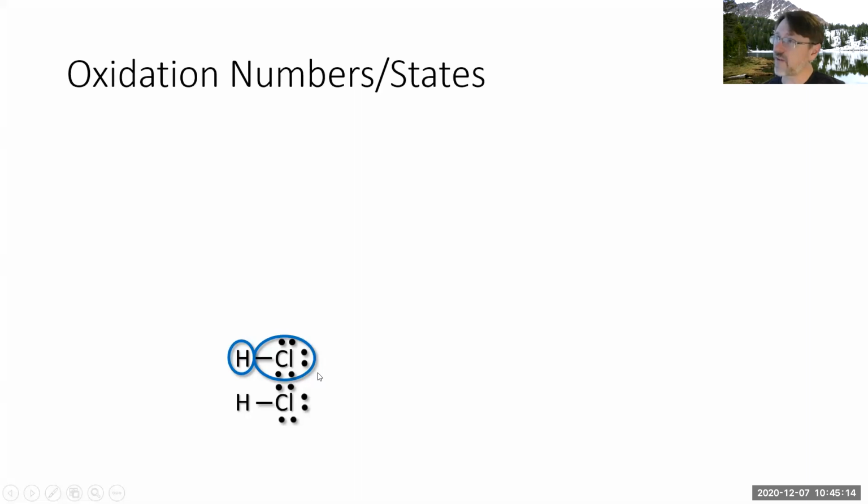So we have a +7 and a -8 to give us a -1 on the chlorine. The hydrogen has a core charge of +1. There are no electrons assigned to it, so we have an oxidation number of +1. So that's the Lewis structure method that we use to assign oxidation numbers.